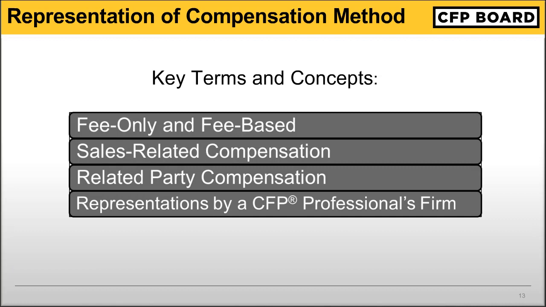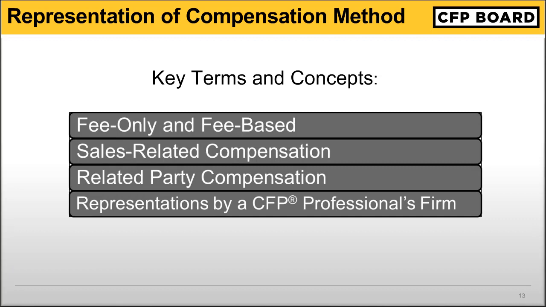Note that the definition of sales-related compensation also includes referral compensation. And there are several examples in the standards of what constitutes sales-related compensation. And there are a number of things, five things more specifically, that are explicitly excluded. The other category here is compensation to related parties. That also is considered, and this here is a bit of a change.